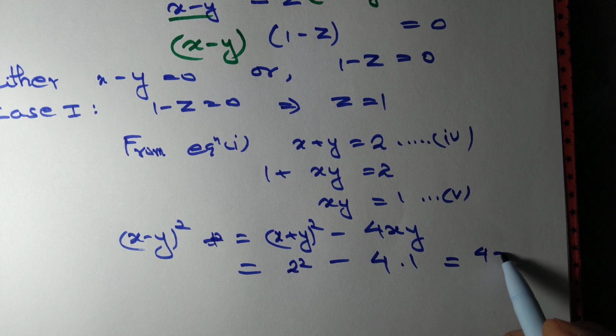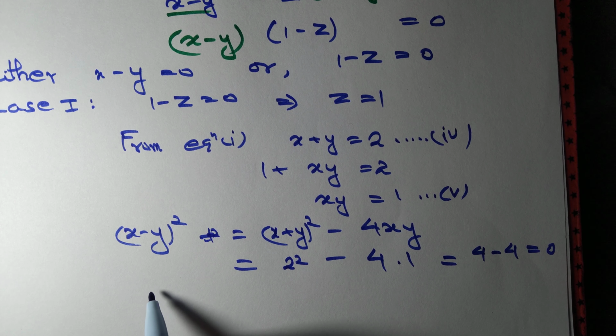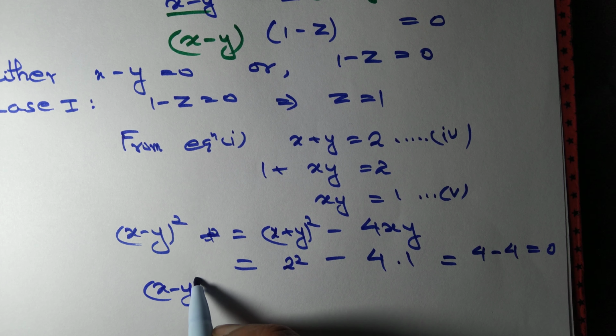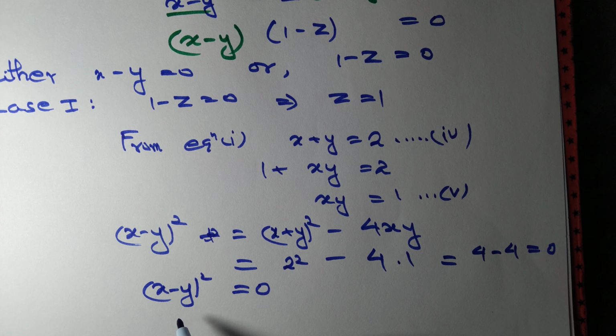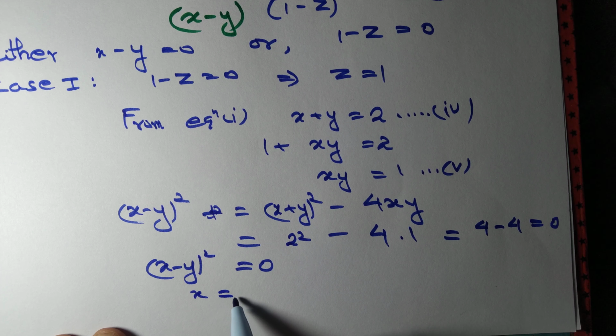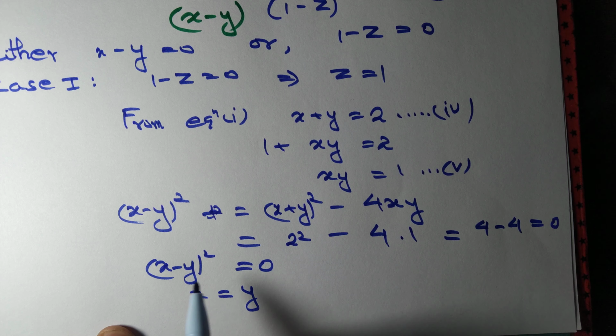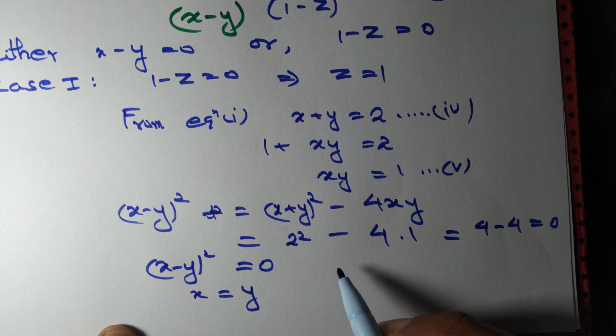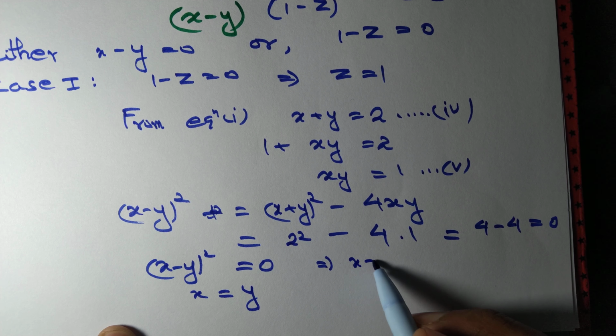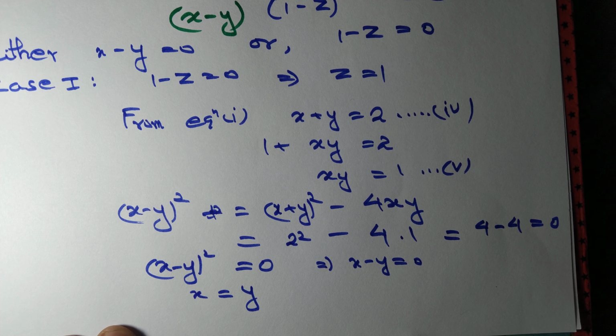So this is 4 minus 4 equal to 0. So (x minus y) whole square equal to 0. That means x equal to y. Because (x minus y) whole square equal to 0, that implies x minus y equal to 0. And obviously when x minus y equal to 0, x must be equal to y.